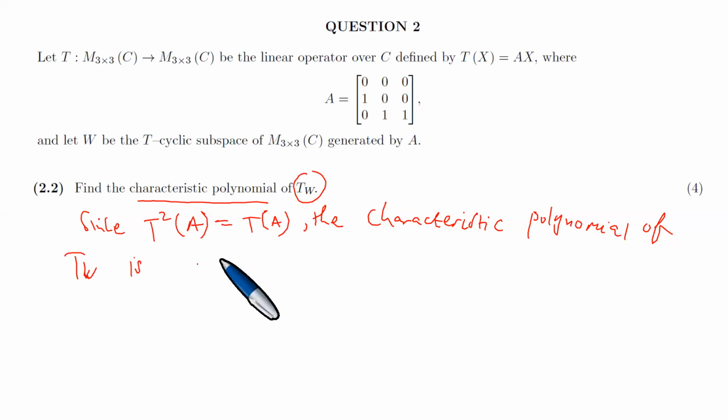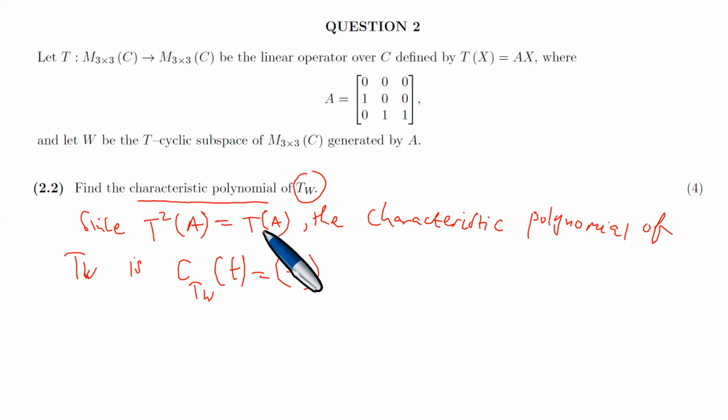We call it c subscript T_W, evaluated at t. And what is this? So what you do is you take minus one, always minus one, then you raise it to the highest power that equaled the previous.